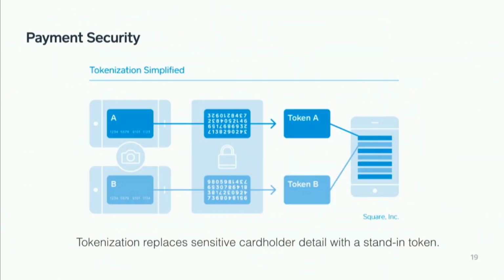So I'm going to touch on what tokenization is for anyone who's not familiar. You can see on the far left the most common case, when you're adding a card to your Apple Pay or your Google Pay.